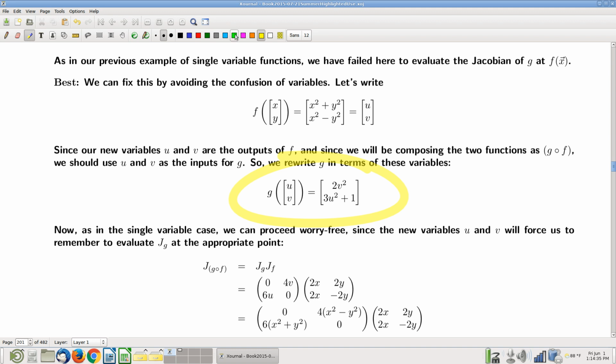Notice that, as is required, the things that go into G are the things that come out of F. So when I choose u and v as my dummy variables, that tells me formulas for what u and v are. They're functions of x and y as given by f.